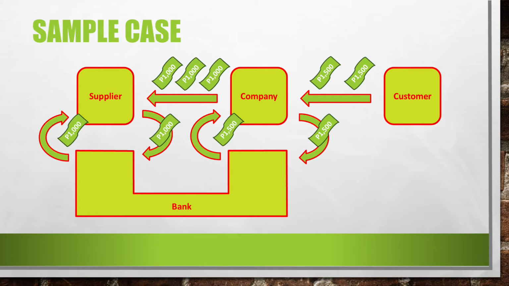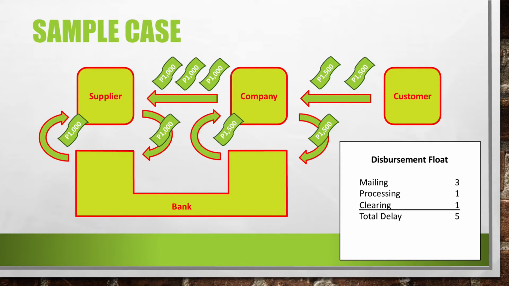This is the disbursement float. The disbursement float can be calculated as mailing time 3 days, processing time 1 day, clearing time 1 day, for a total delay of 5 days, multiplied by the average daily disbursement of 1,000, you have a disbursement float of 5,000 pesos.